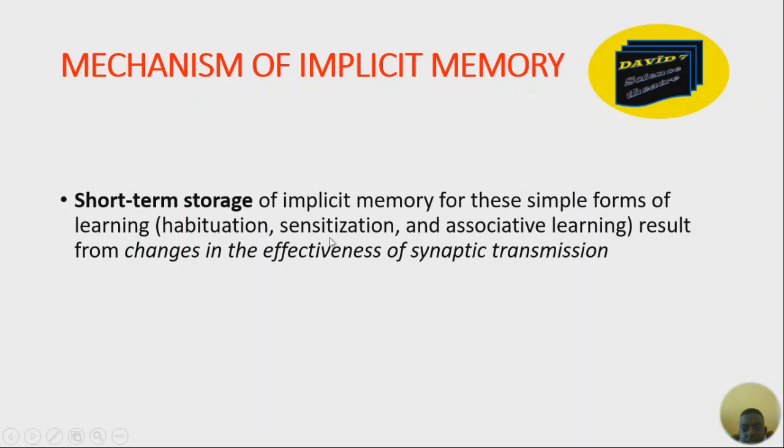These are non-associative and associative learning, or what you can totally call incidental learning. They result from changes in the effectiveness of synaptic transmission, and that is majorly what causes what we call short-term storage of implicit memory, or implicit short-term.